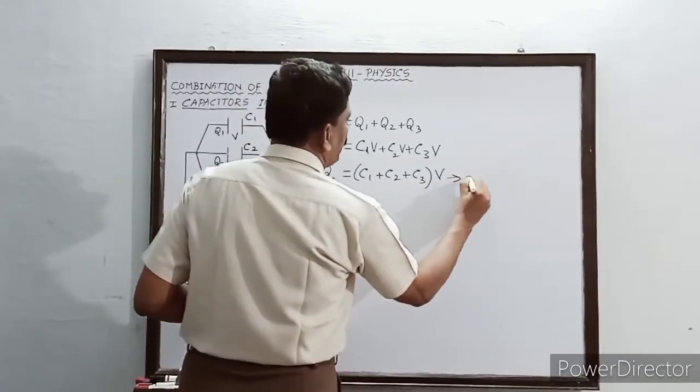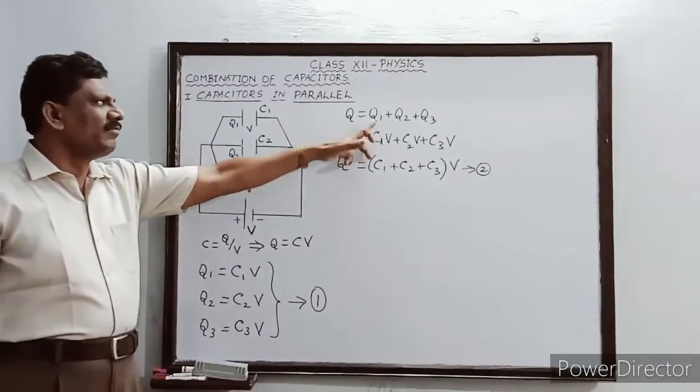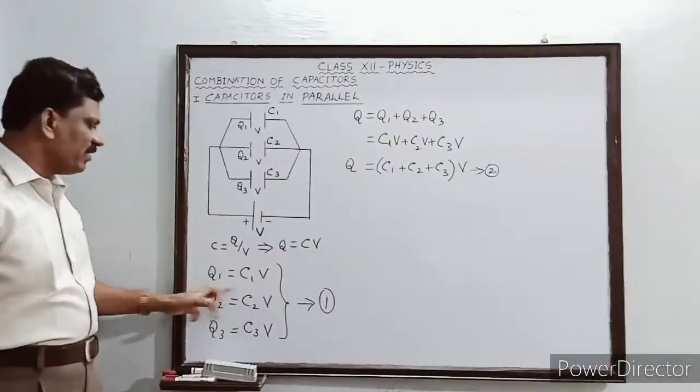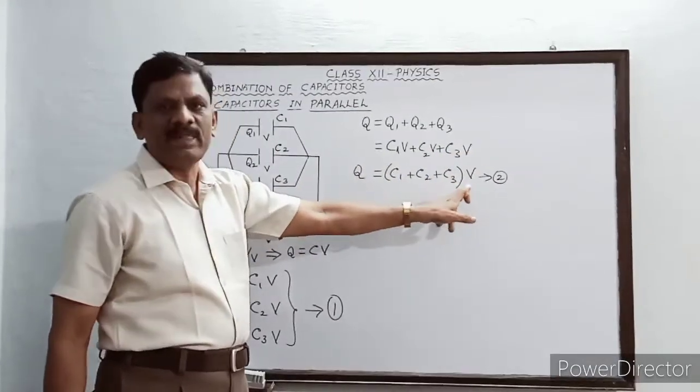This is equation 2. I have substituted for Q1, Q2 and Q3 from step 1, and taken V as the common factor.